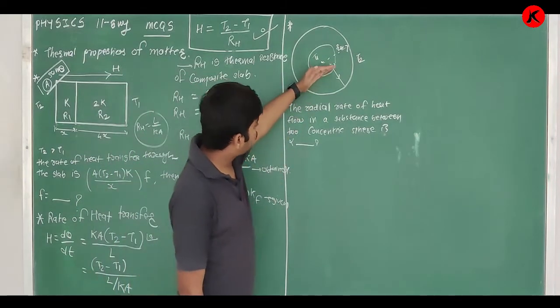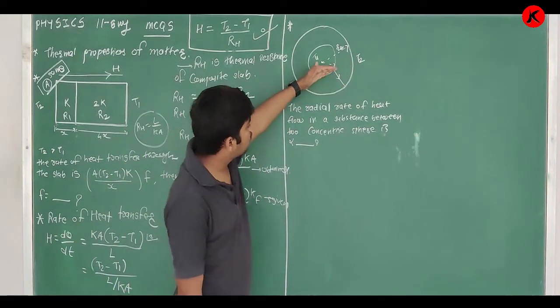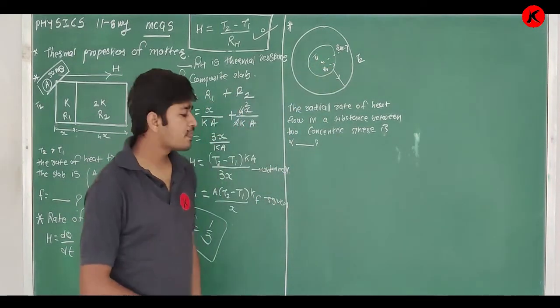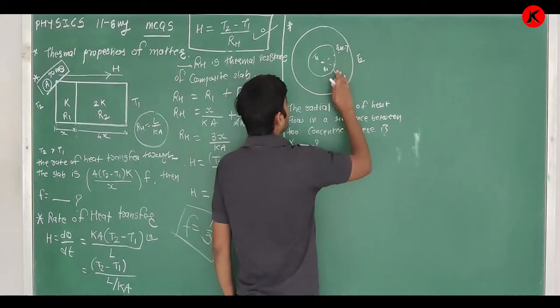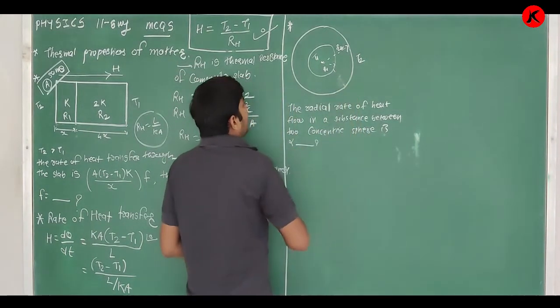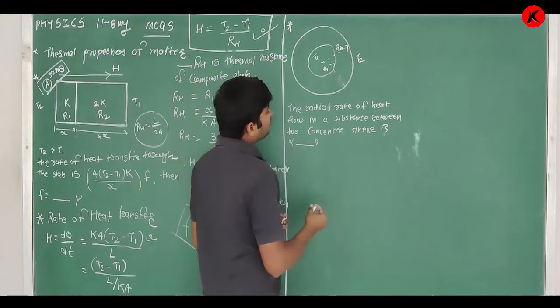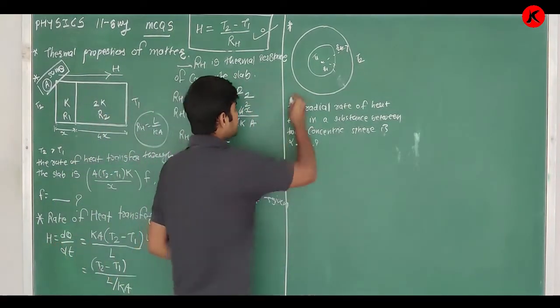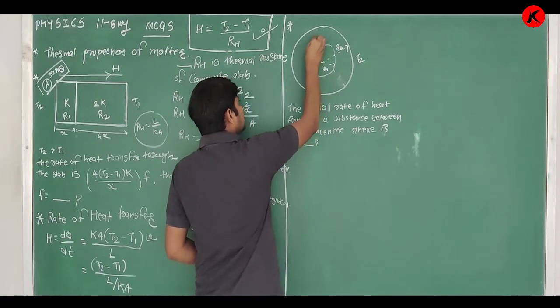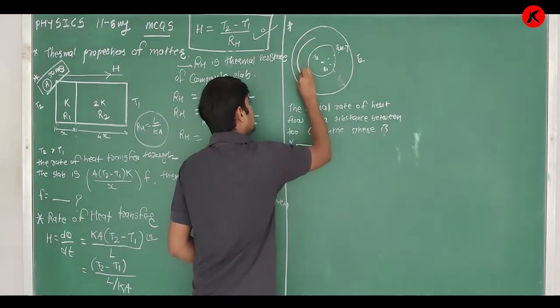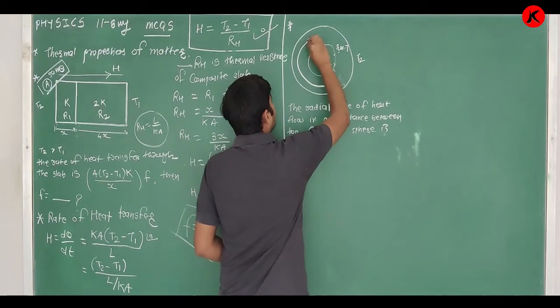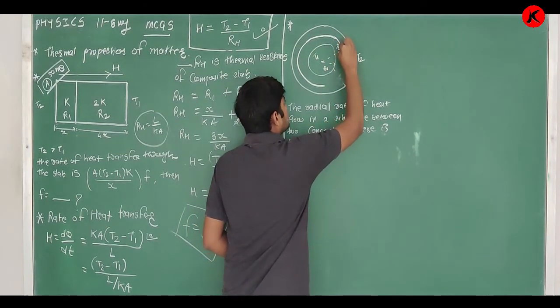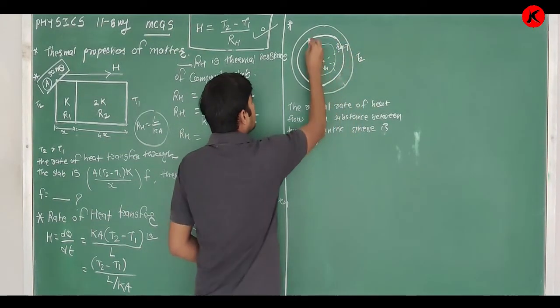If you move from R1 to R2, then how to find this? See here. I am assuming this sphere is made up of small elements, for example, one shell like this.